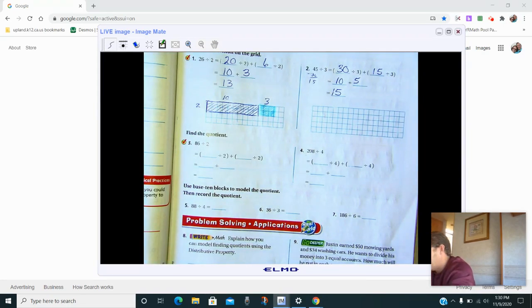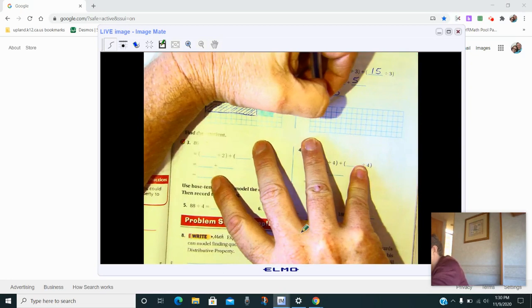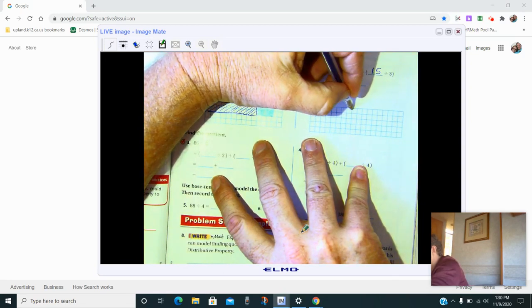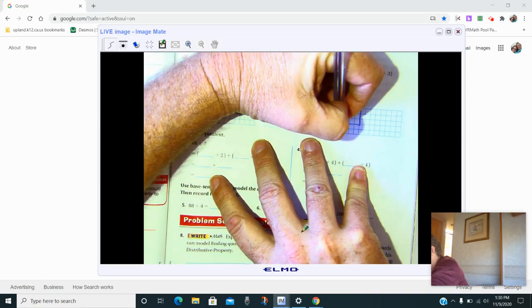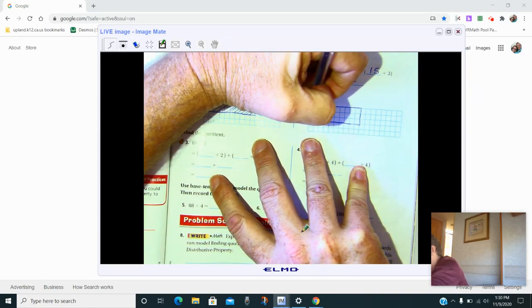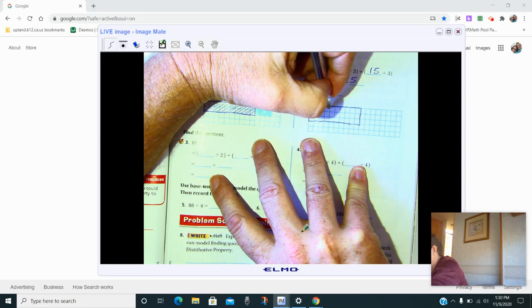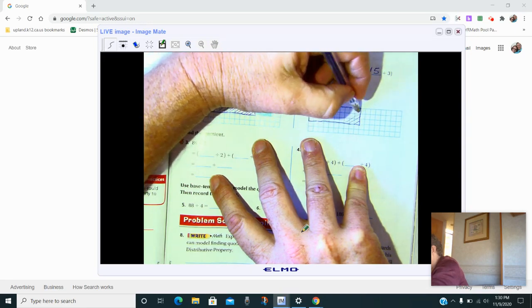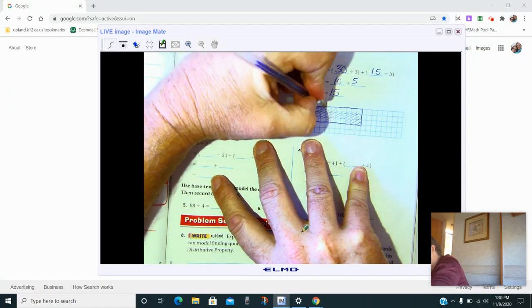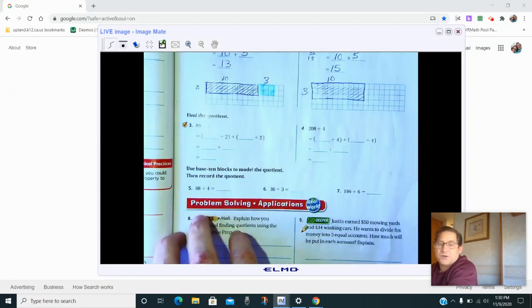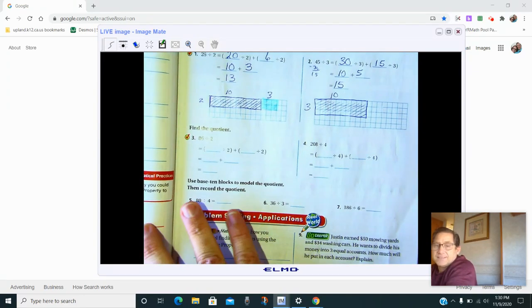So if we were modeling that, it would be 10 rows of 3. And 3 times 10 is 30. 30 divided by 3 is 10.